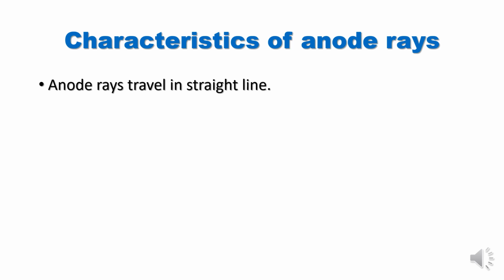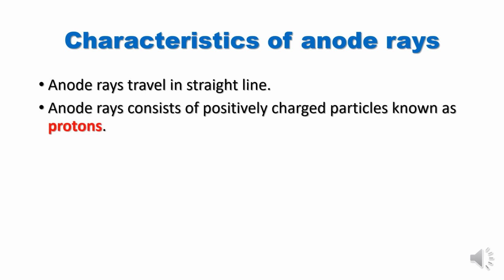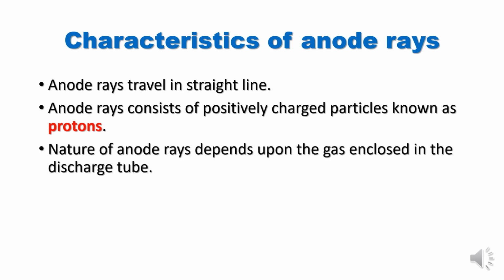You know that anode rays are nothing but protons, particles, and they always travel in a straight line. And anode rays consist of positively charged particles known as protons. The nature of the anode rays depends upon the gas enclosed in the discharge tube. It need not be only hydrogen, it could be any other gas.